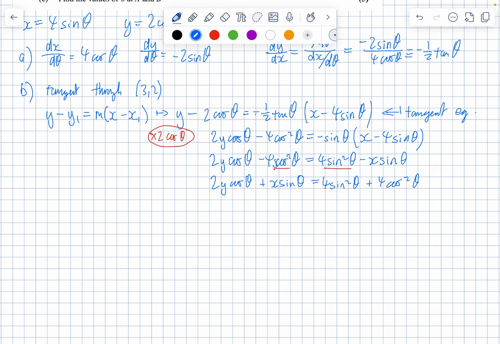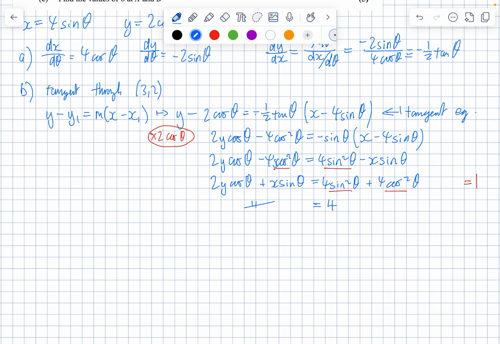And this is where I can use my favourite identity, that sine squared plus cos squared equals 1. So nothing changed on the left hand side, but the right hand side is now just equal to 4.